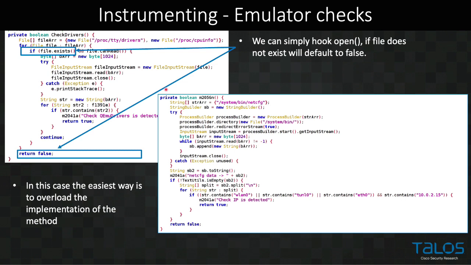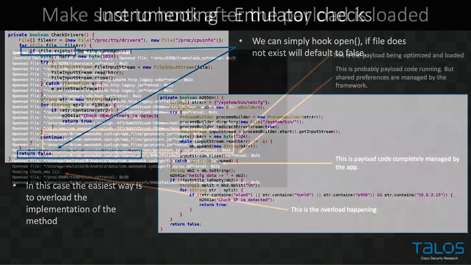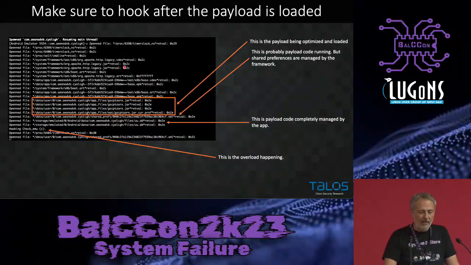So this is a very similar way of doing the emulator checks. We can either hook the open function, and if the file doesn't exist, it will default to false, or override the implementation method and simply return something that we like. The trick is that sometimes if we want to instrument something, it's not yet in memory.